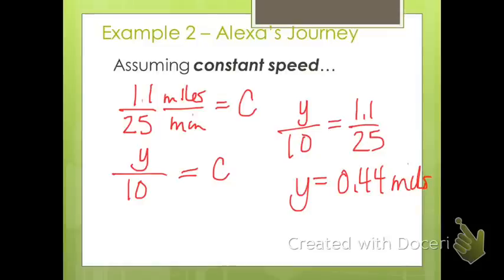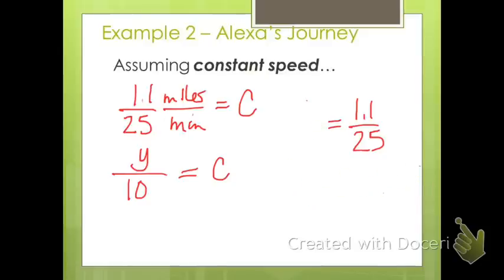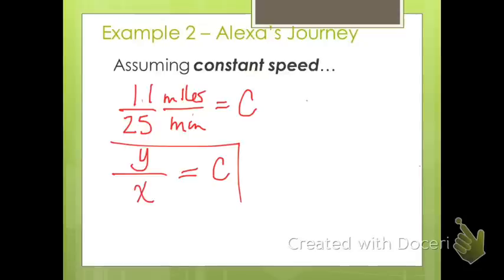Okay, so what if we wanted just a general number of miles in any number of minutes? Let's get rid of this, because this was specifically for 10 minutes. Instead of y over 10, I would have that she could go y miles in x minutes, and that would be equal to the constant, like we have stated here.